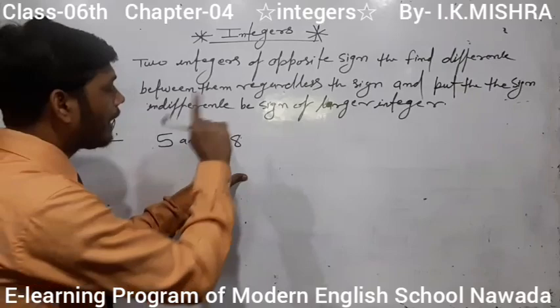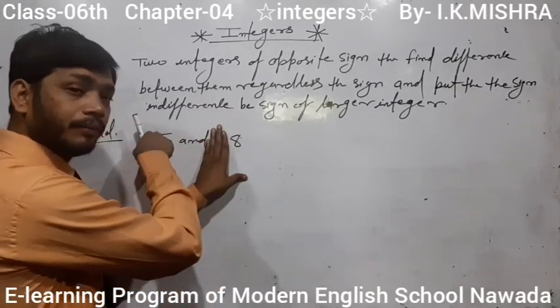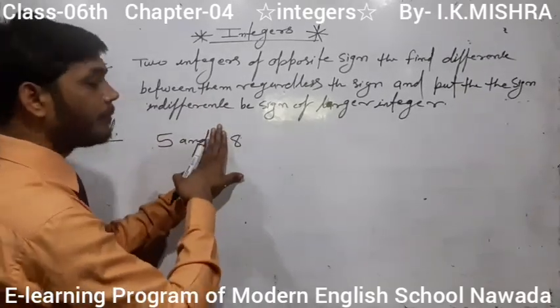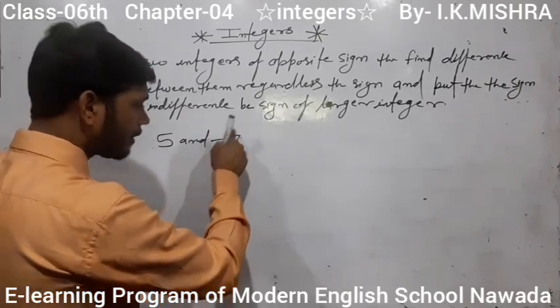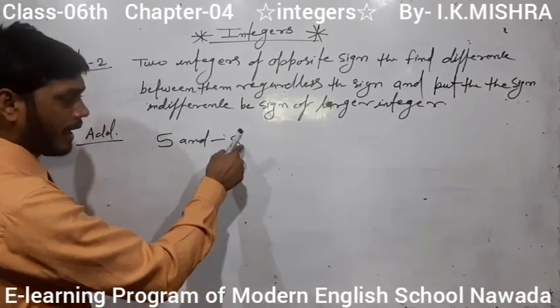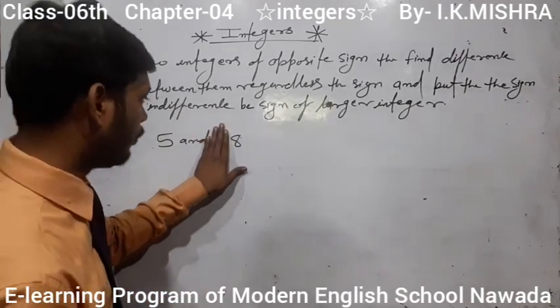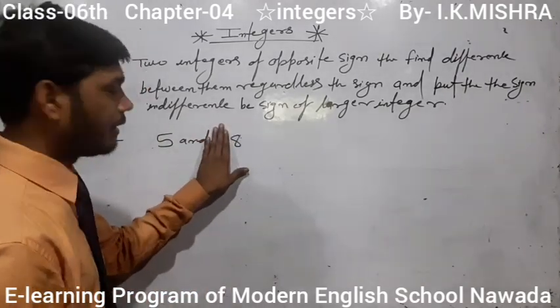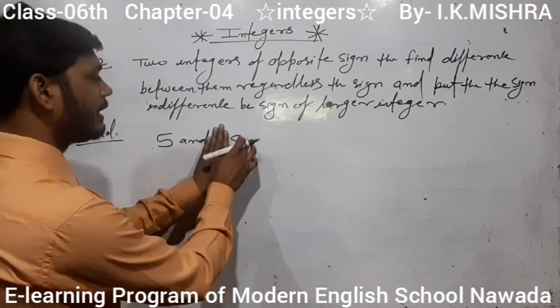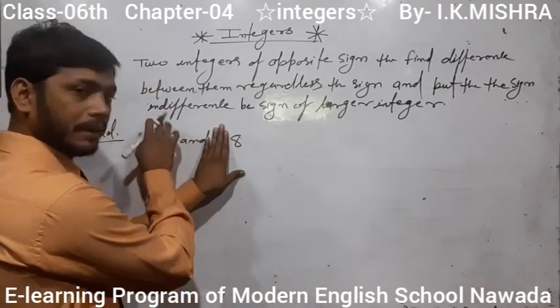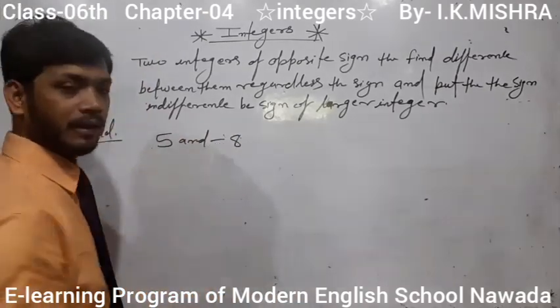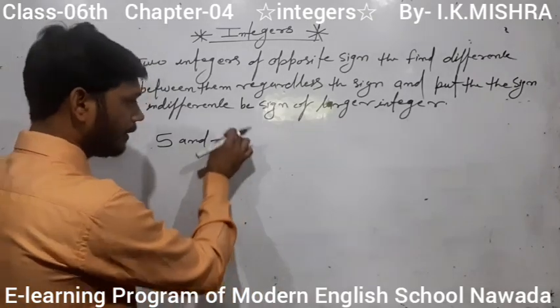So first find the difference, 8 minus 5, and its sign will be negative, because regardless of the sign, this integer's value is more than this. So in the difference the sign will be negative.